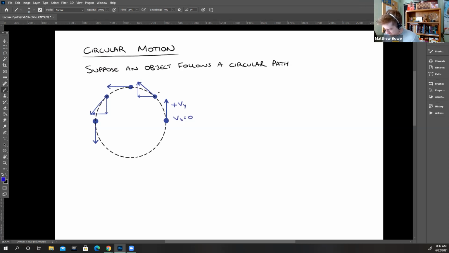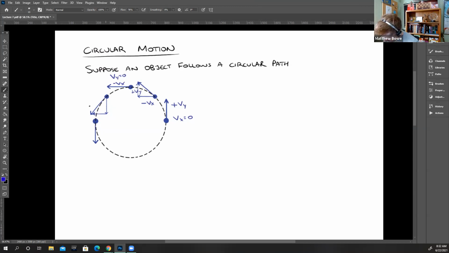And after a moment, now there's a bit of a negative velocity in the x direction, but still a positive velocity in the y direction. After another brief moment, now there's no y velocity anymore. There's no vertical velocity anymore at the top of this circular path. But there is a negative horizontal velocity. It's moving completely to the left.